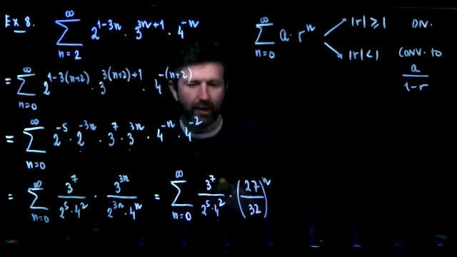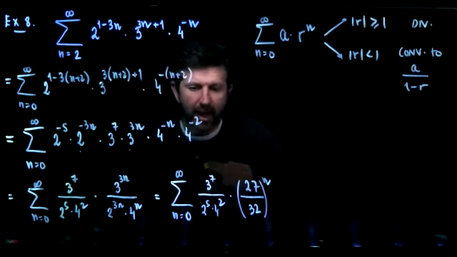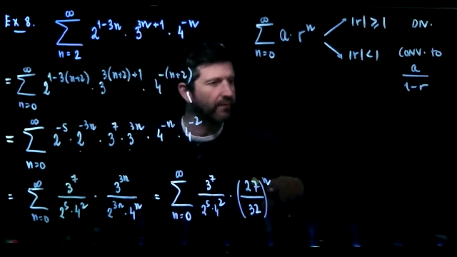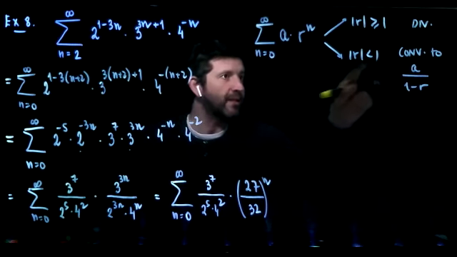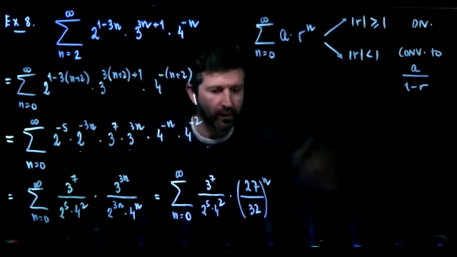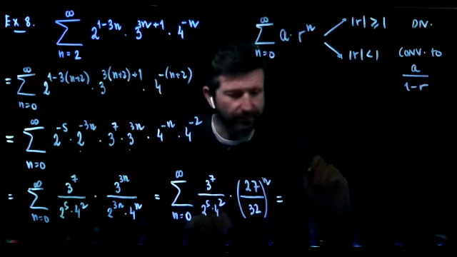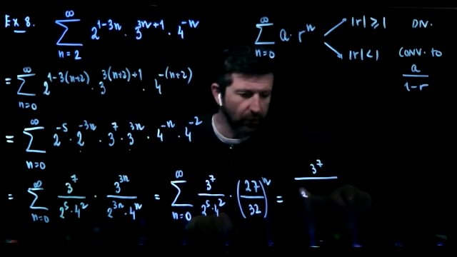Okay, and now I have sum n equals 0 to infinity a times r power n. r is 27 over 32, that's less than 1. Perfect, I can use my formula. And so this will be a, so I'm just going to go like this.